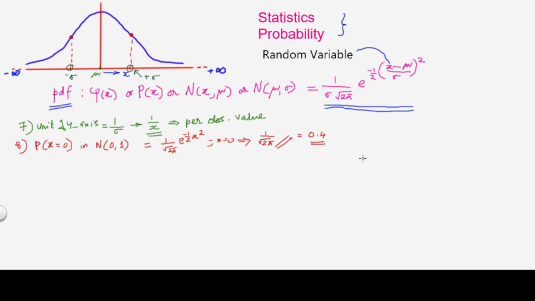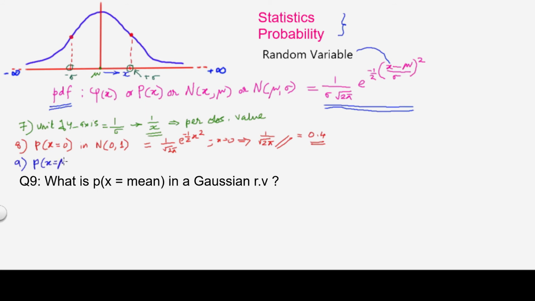Now coming to the ninth question. What is p of x equal to the mean in a Gaussian random variable? In question number 9, what is the probability of x equal to mu, that is the mean, in N(mu, sigma square)? This graph directly gives the answer, that is this ordinate.